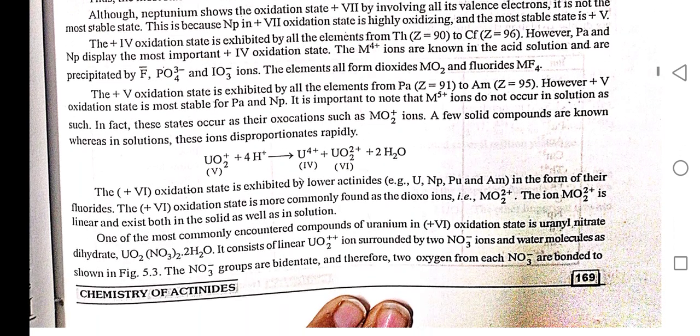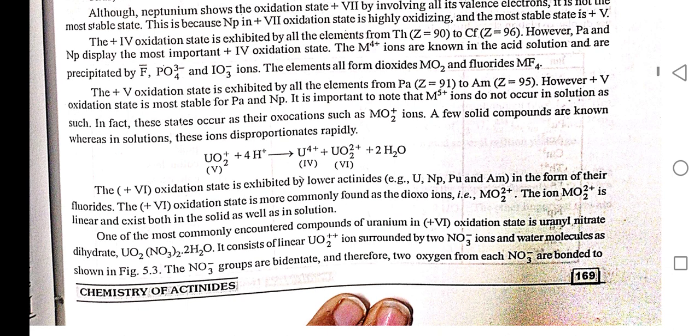The +5 oxidation state is exhibited by the elements from Pa to Am. However, the +5 oxidation state is more stable for Pa and Np. It is important to note that M5+ ions do not occur in solution as such. In fact, this state occurs as oxocations such as MO2+ ions.